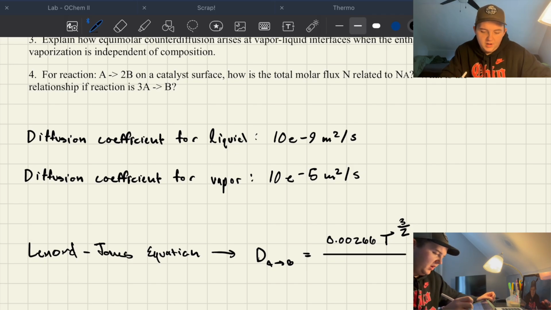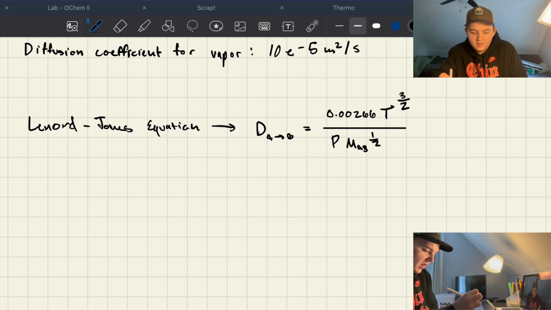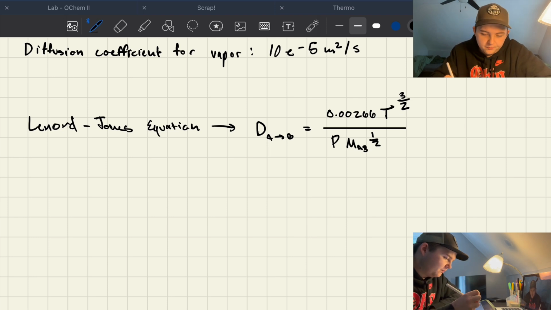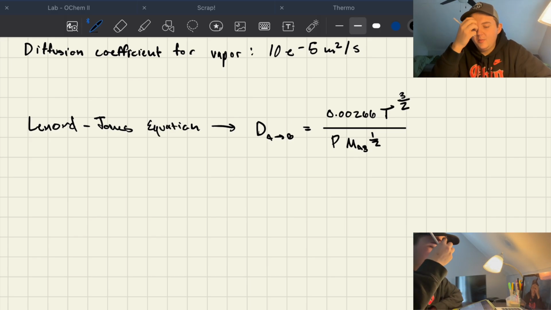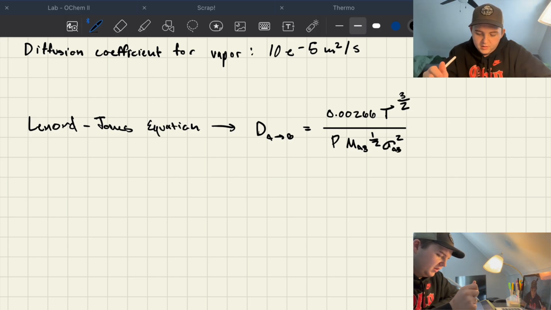And then in the denominator, we're going to have our P M_AB to the 1/2. So P is just pressure. Our M_AB to the 1/2 is going to be our molecular weight to the 1/2, or like the average of the molecular weights, I believe. And then it's multiplied by our sigma_AB squared, which is our collision diameter.